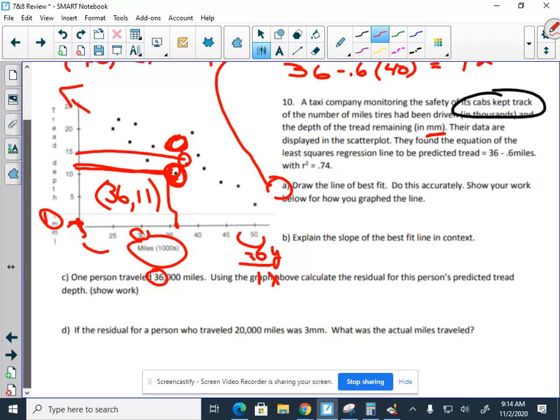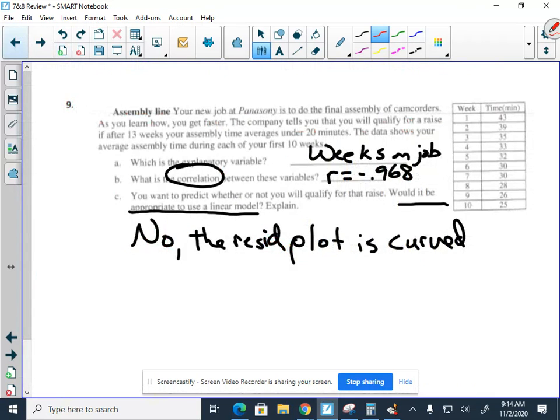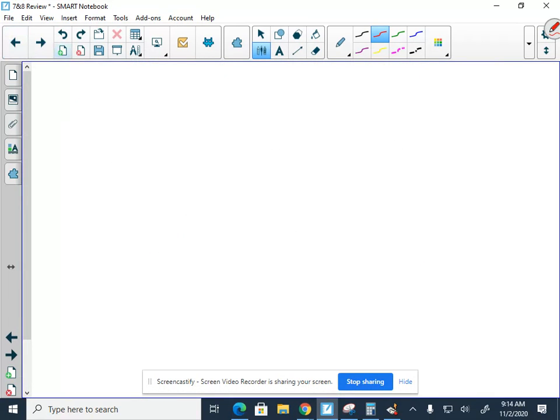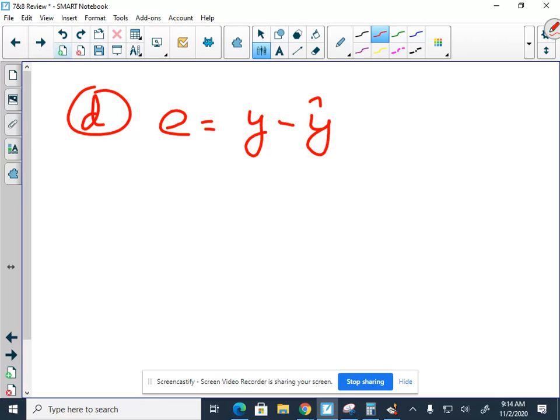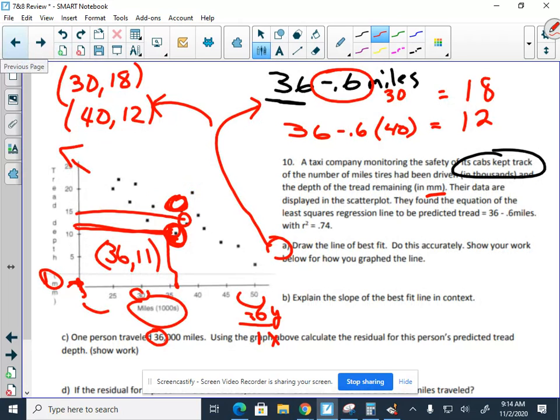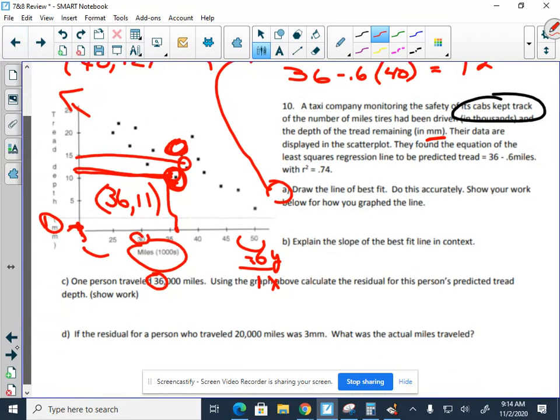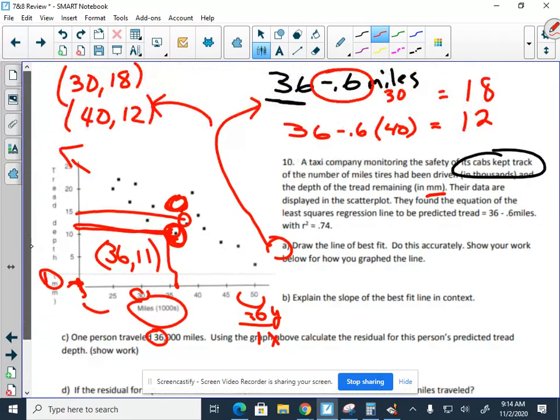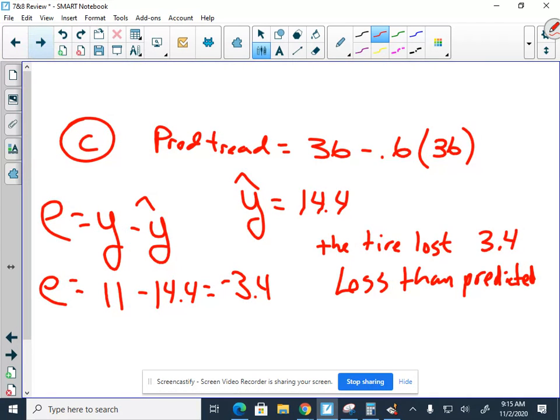Okay, so now this one again, it's part B, I think. E equals y minus y hat. What was the residual? 3? Yeah. Okay, so if that's 3 and they traveled 20, no, they traveled 20. Sorry, I'm doing this wrong.